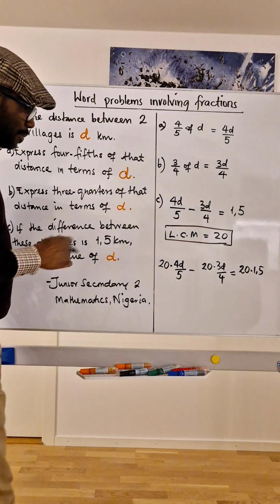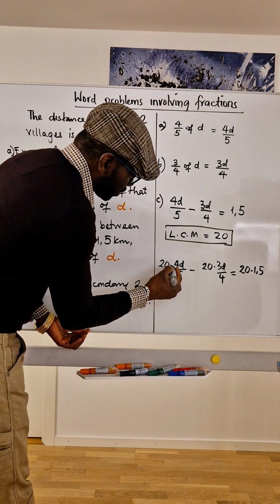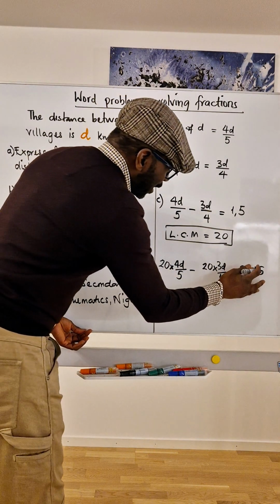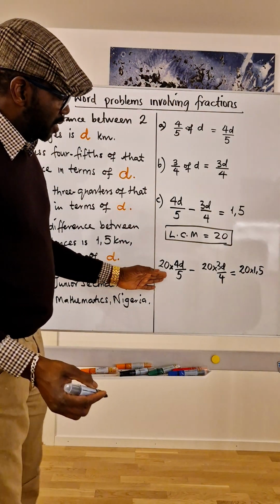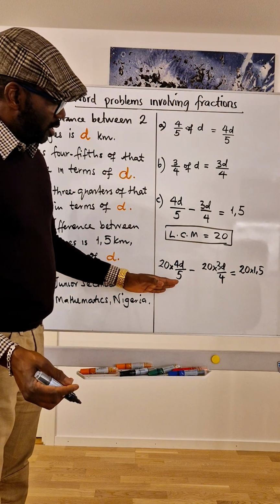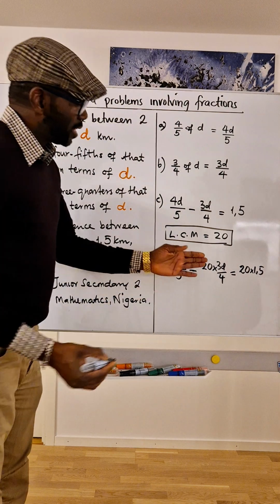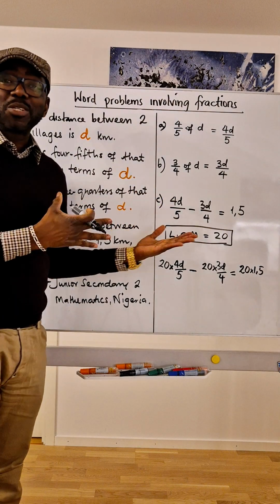Okay, so I can write it the way you want it to be, like Nigerian multiplication, times. So 20 times 4d over 5 minus 20 times 3d over 4 is equal to 20 times 1.5. So this is what you're used to.